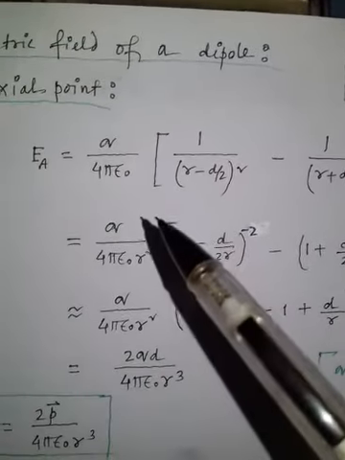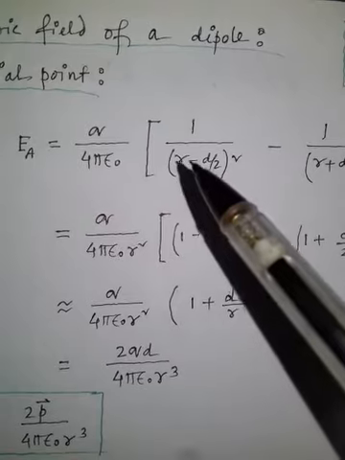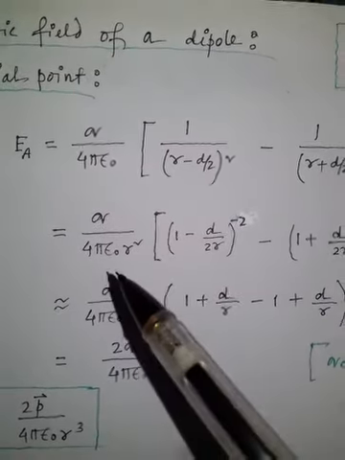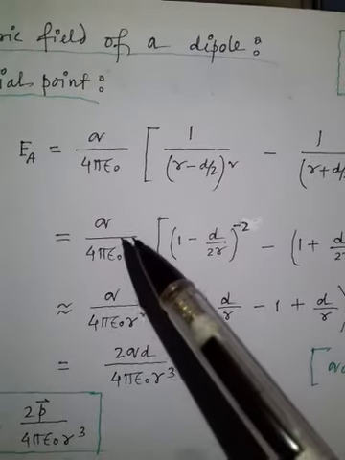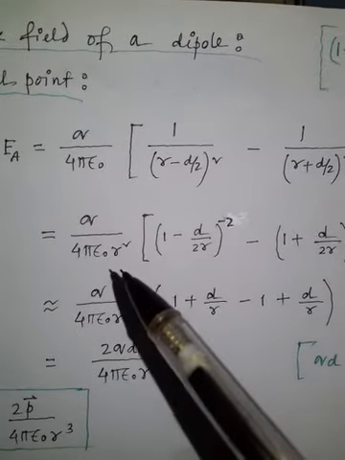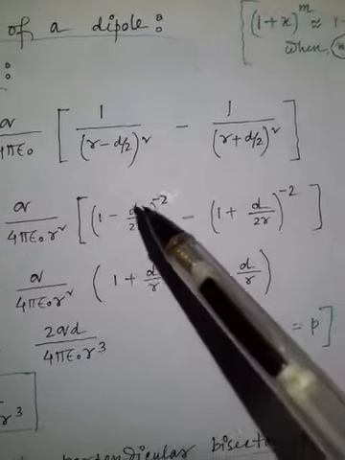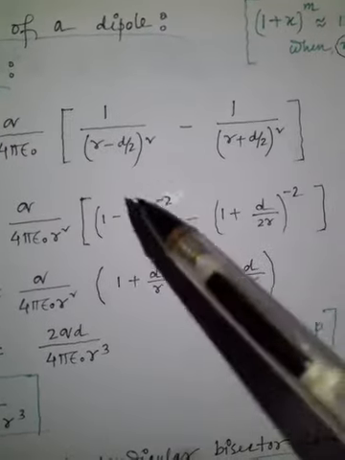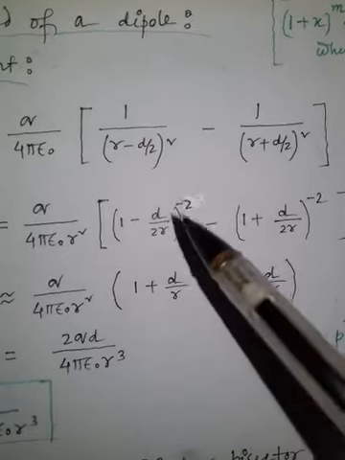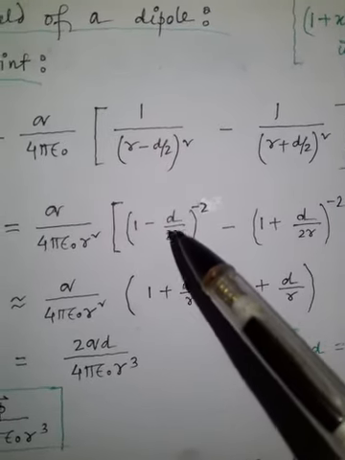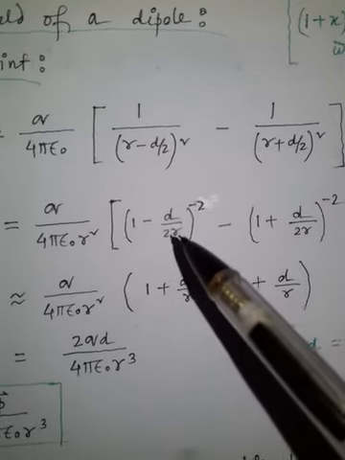In the next step we take r outside the bracket, so the outside term takes the form q by 4 pi epsilon naught r square, whereas the terms within the bracket look like this. But look at this term d by r.